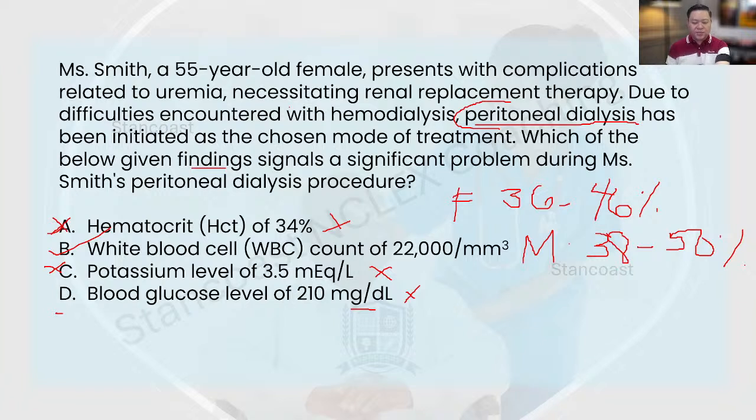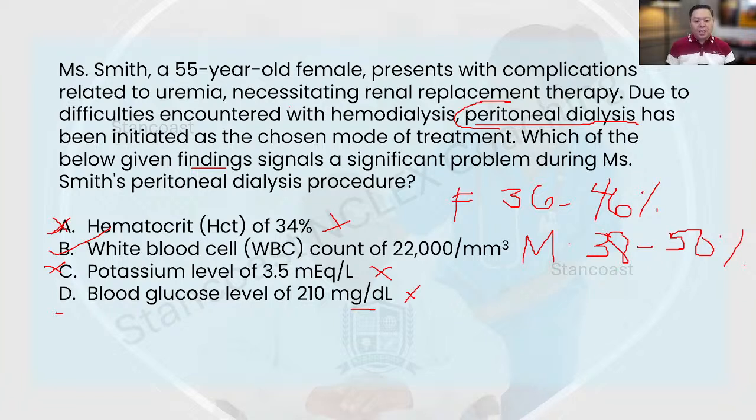No. So we are left with, again, letter B. 22,000 is way, way above the upper limit, which is 10,000. And so this is a serious complication of PD, and peritonitis, again, is a major concern that we need to deal with, because this can cause major sepsis in our patient. It will readily cause havoc in our patient's systems.